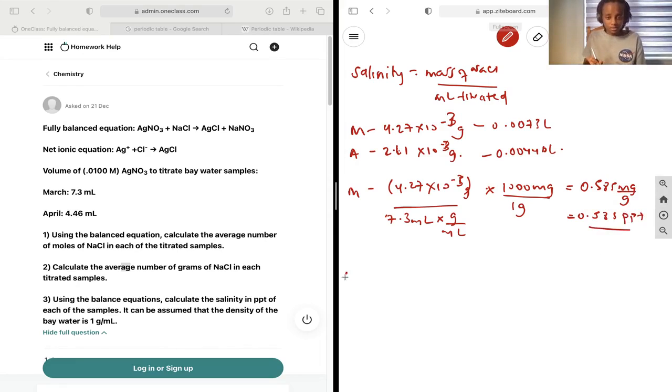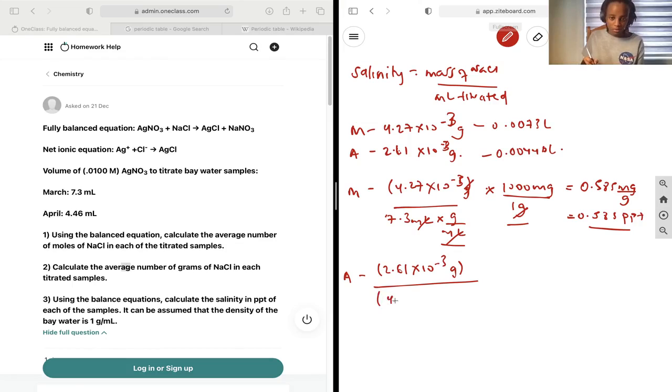And we should get the same answer for the April sample. This is also supposed to be to the negative 3. So 2.61 by 10 to the negative 3 grams. All of this is just for the sake of units, so that we get milligrams per gram.